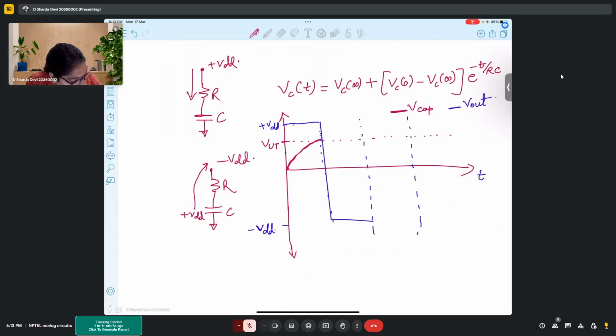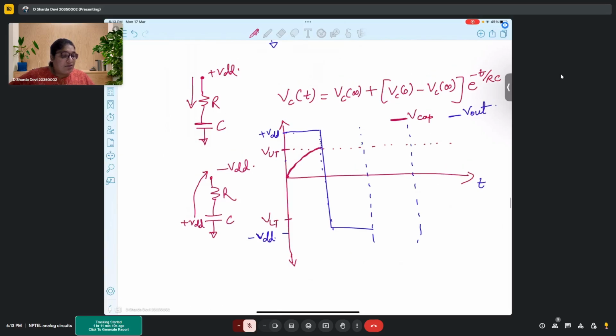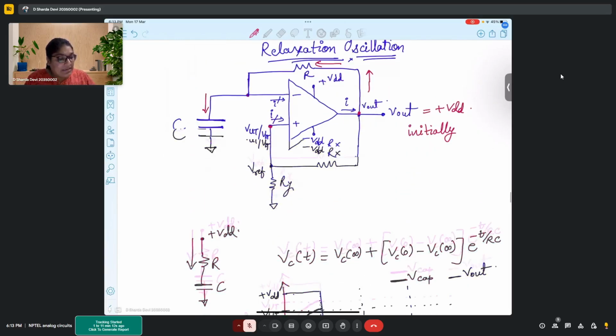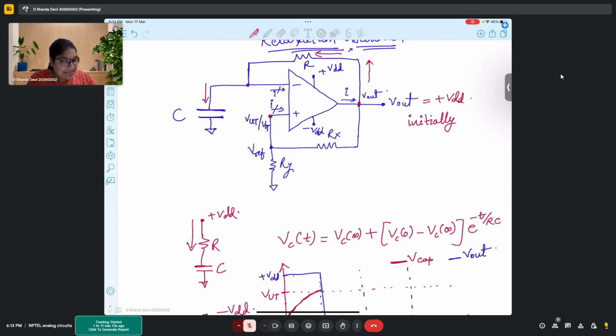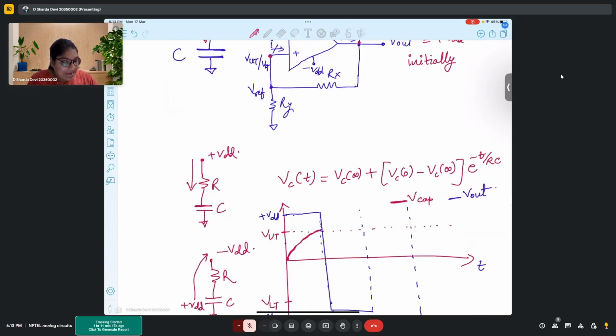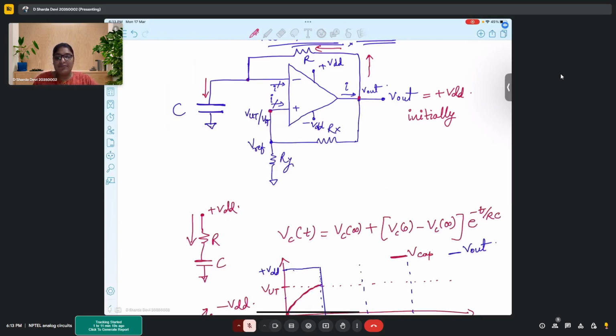And say here I have my VLT level. Now if my Vout has come to minus VDD and my capacitor is charged till VUT, my capacitor has higher potential than my output.